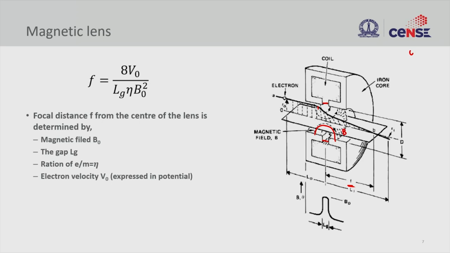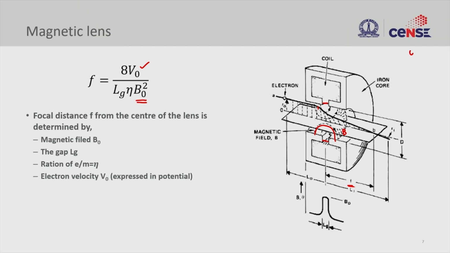If you look at the focal length, it depends on V, which is nothing but electron velocity. These are particles, so they move at a certain velocity, and if the velocity is very high and your field is low, your focal length is going to be long. If you want a shorter focal length, you want this voltage lower so that the acceleration is smaller, and you can use a lower field to reduce your focal length.